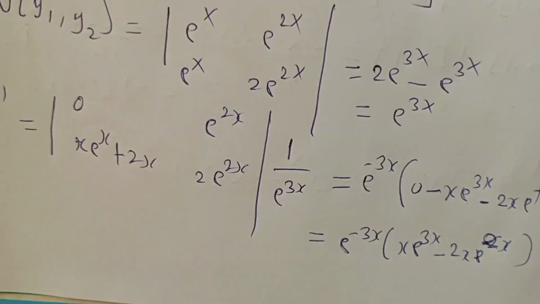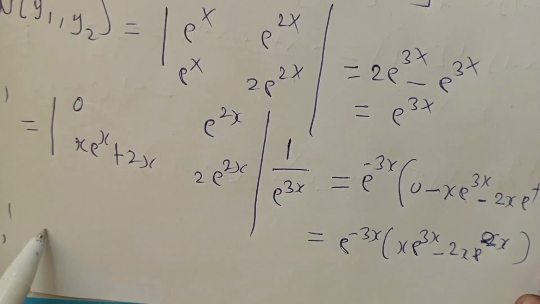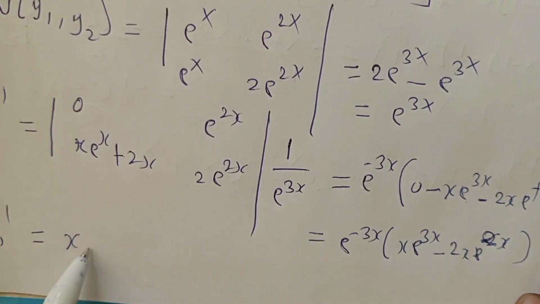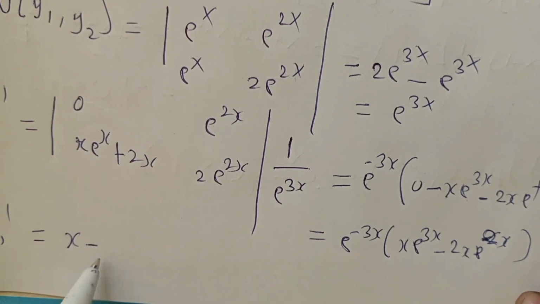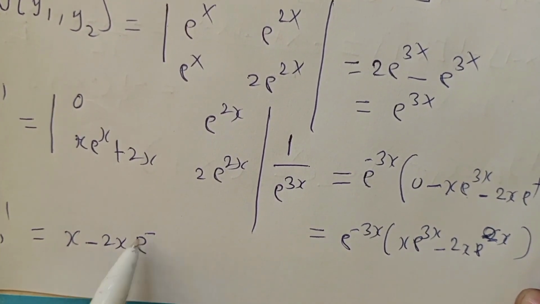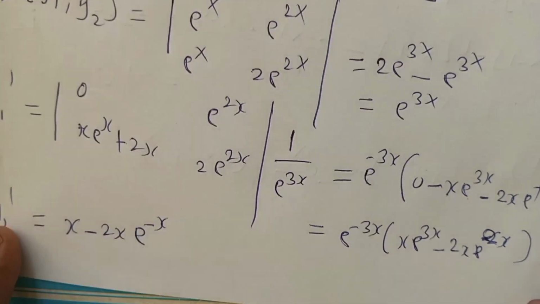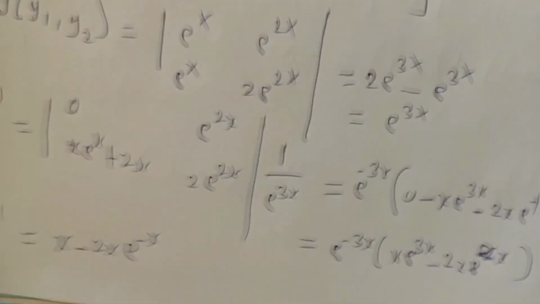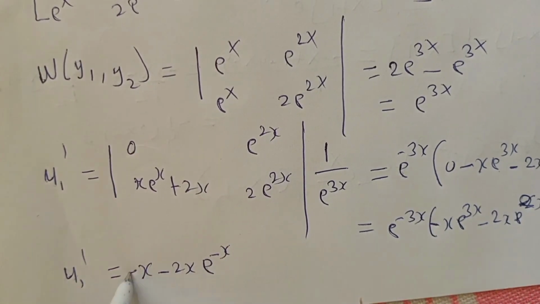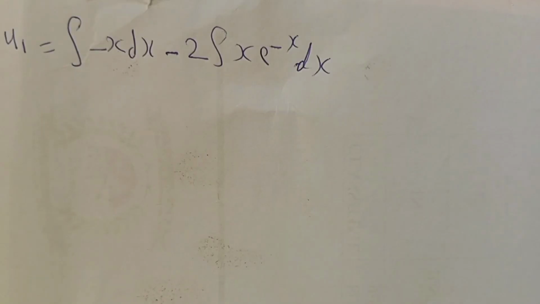We can remove the bracket here, so u1 prime is equal to negative x minus 2x exponential negative x after removing the bracket. Note that there is a negative here and even in this other part there's a negative.